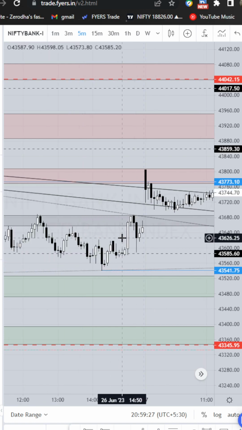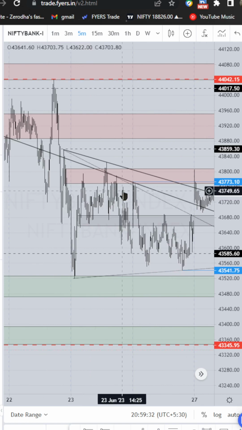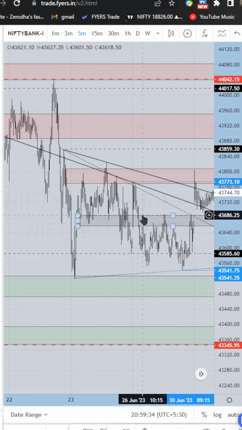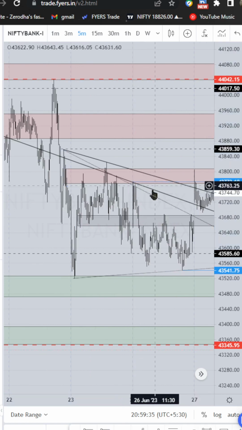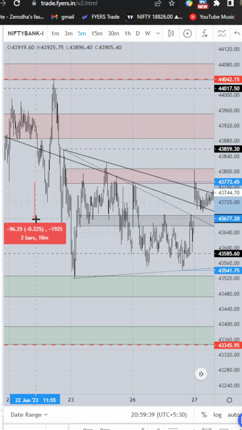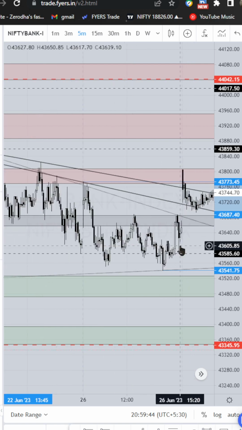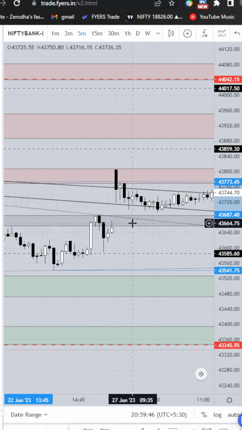On Bank Nifty, will you even try to go down over here? Because see, this is a very tight range. I'll show you. This is around a 180 point range, and after the first candle, the second candle is trying to take support, but it has nowhere to go.